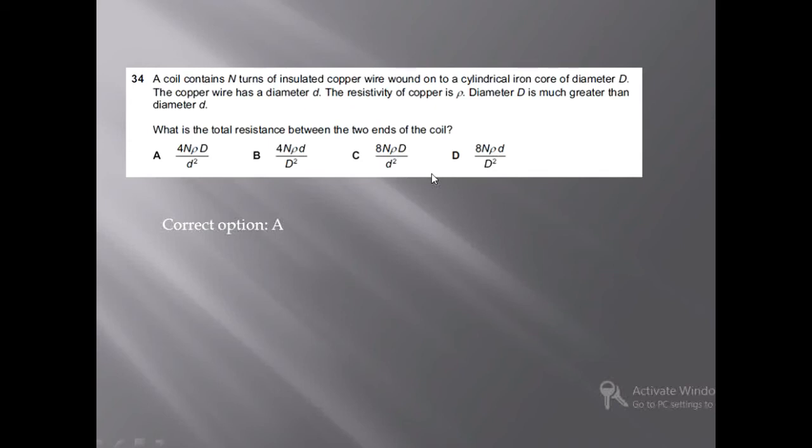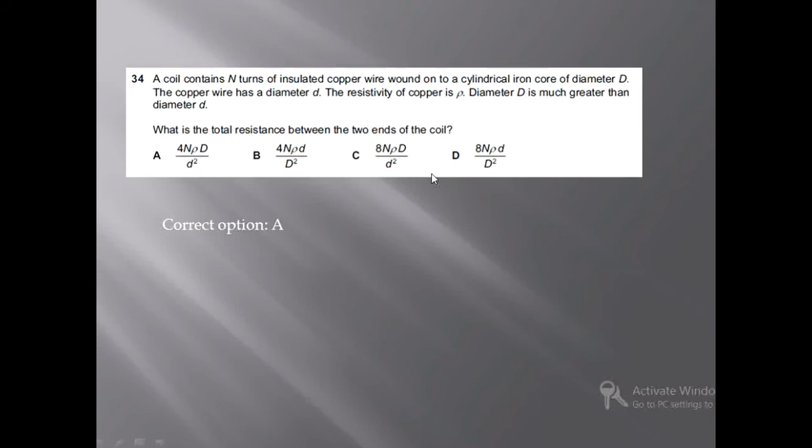Circumference is equal to 2 pi r because it is a cylindrical iron core.